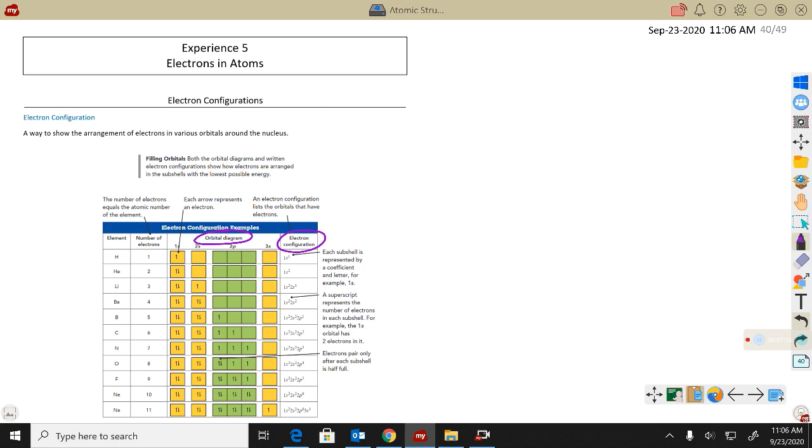But then the electron configuration is even further a shortcut, where we write 1s, 1 referring to the energy level, s referring to the shape of the orbital. I'll write that here too, 1s. So the first symbol is going to be the energy level. And then you'll have the letter s, p, d, f.